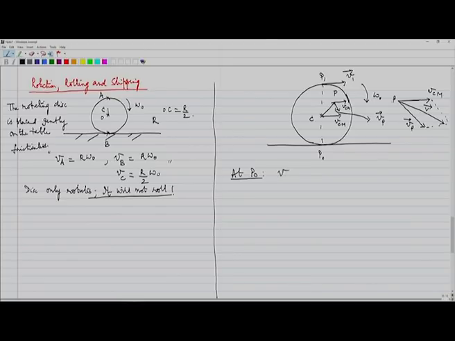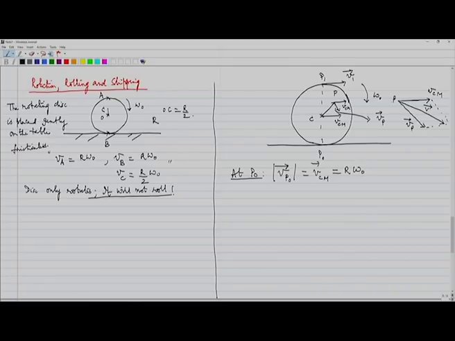So VP naught at this particular point, its linear velocity must be the same as the center of mass velocity. In other words, when the center of mass motion is like this, here it will have motion, and its linear velocity will be here. Both of them should be equal. This is what is equal to R omega naught.